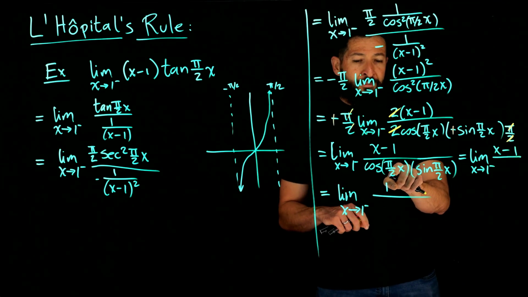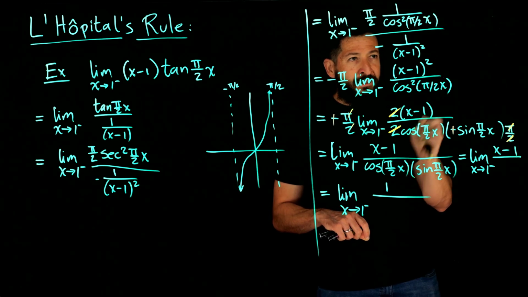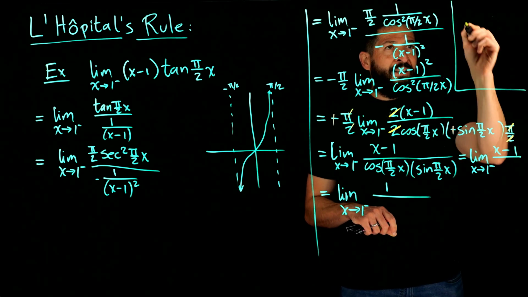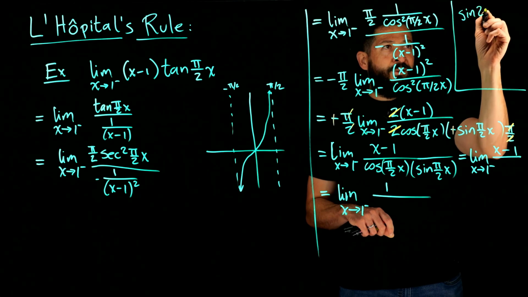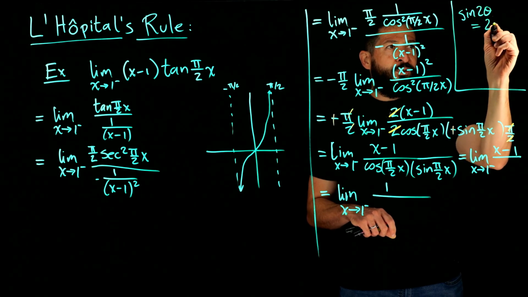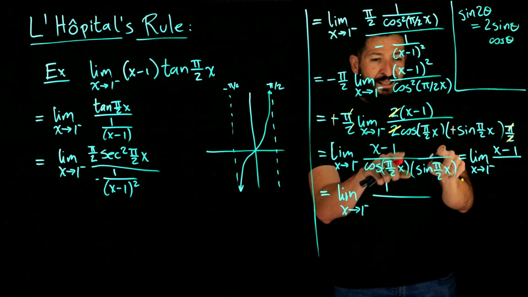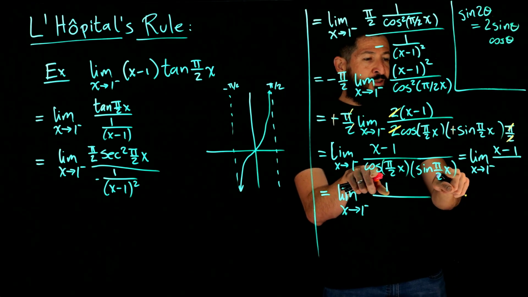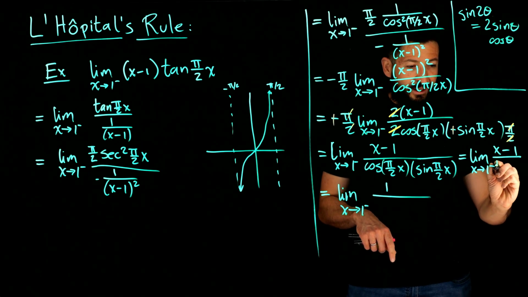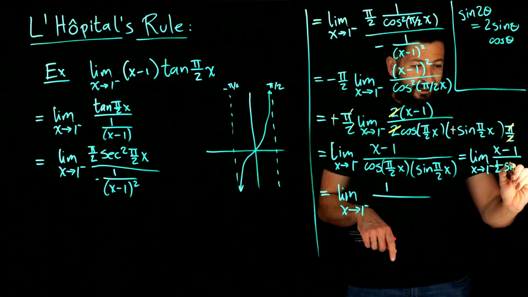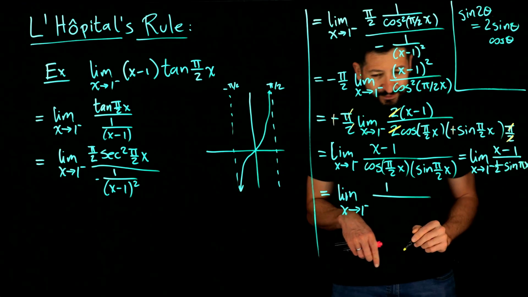Remember this trigonometric identity, that the sine of 2 theta is equal to 2 sine of theta cosine theta. So I have sine of theta cosine theta, so this is really 1/2 of the sine of pi x.